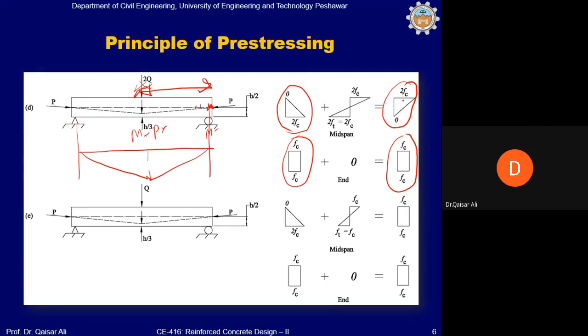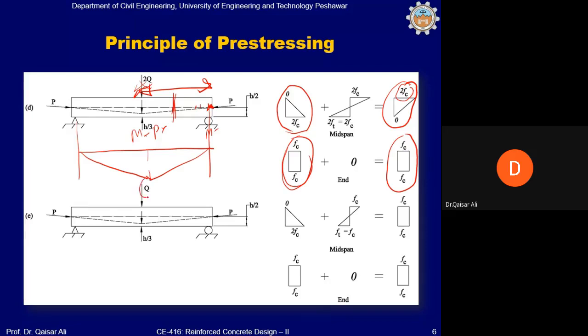So you may have, for example, at this location a value equal to 1.5Fc, but on the bottom side, you may have a compression equal to 0.5Fc. This 0.5Fc will keep on increasing, and 2Fc will keep on decreasing till it becomes Fc and Fc at the ends of the beam. So in this case, the state of stress will vary along the length of the beam. However, you can see that no tensile stresses are produced anywhere in the beam. Now, the last situation. In the last situation, let's see, we reduce the load from 2Q to Q.